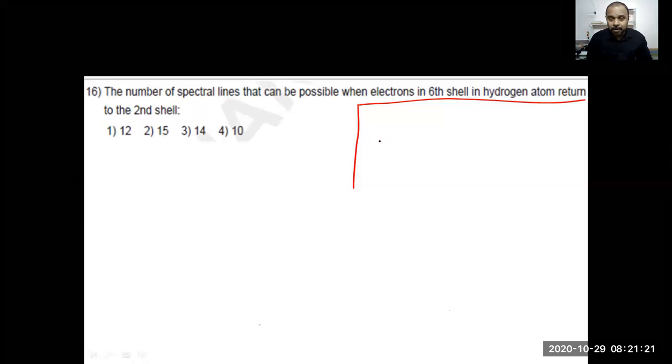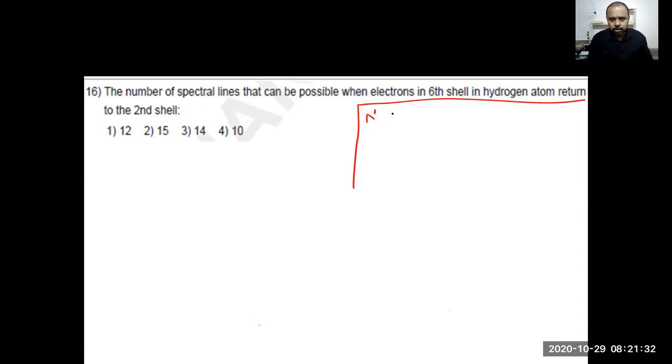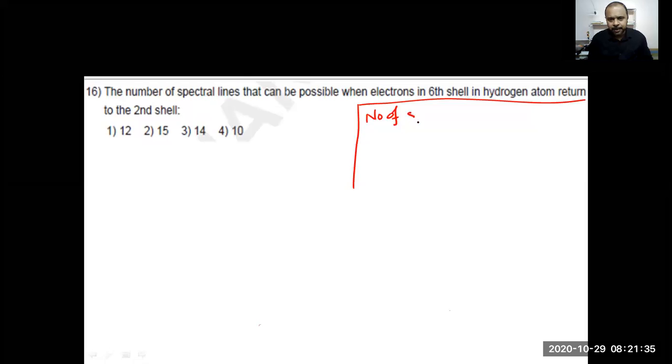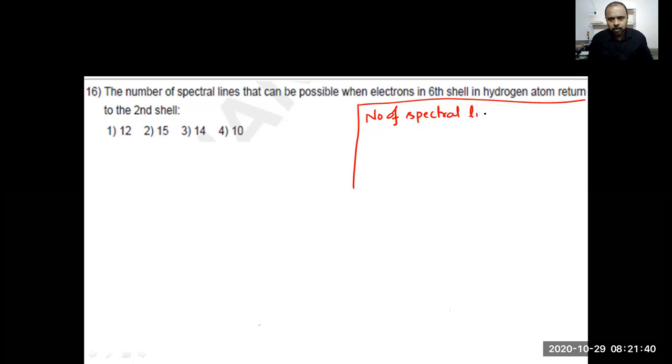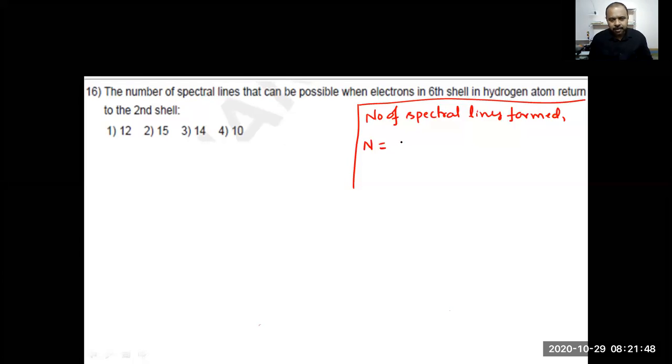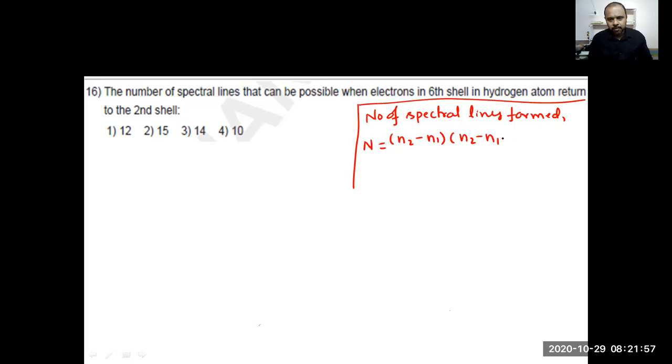So different possible transitions exist for an electron jumping from a higher energy level to a lower energy level. There is a formula to calculate the number of spectral lines formed. The number of spectral lines formed, N, is equal to N2 minus N1 into N2 minus N1 plus 1 divided by 2.